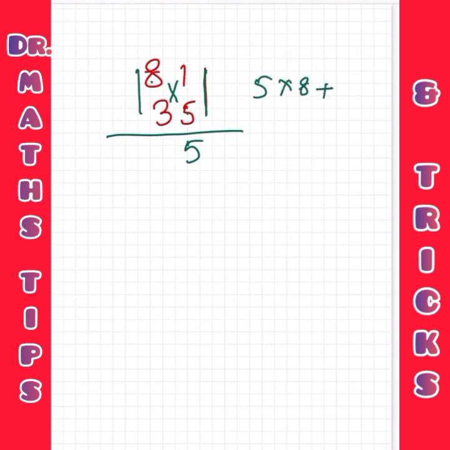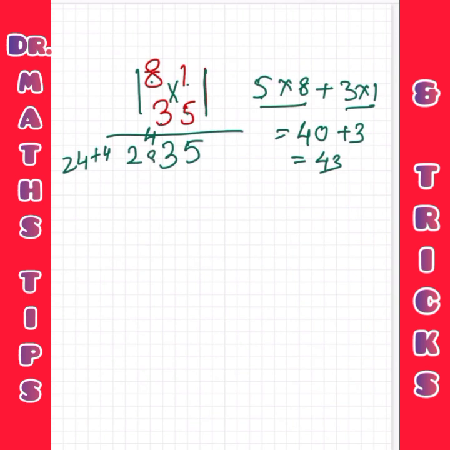Now the cross multiply, 5 into 8 plus 3 into 1 equal to 40 plus 3, that is 43. Look here, I put 3 here and 4 above the line.